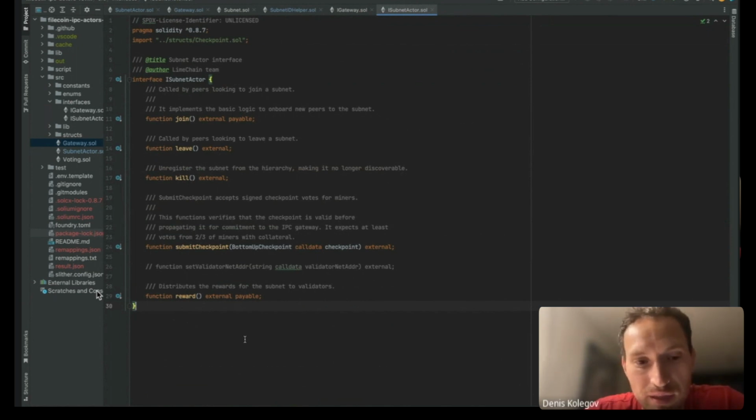Bottom-up checkpoint is a type that is used to send messages from bottom to up in a hierarchy. The reason the direction isn't the type name is that we have two different flows, bottom-up and top-down, and messages within these flows are processed differently.